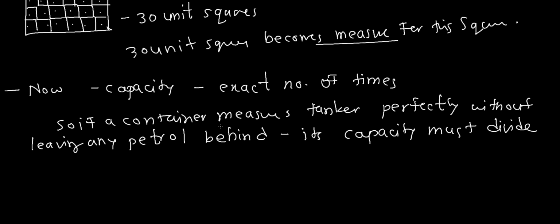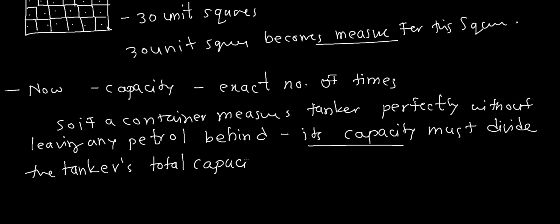So if a container measures the tanker perfectly without leaving petrol behind, its capacity must divide the tanker's total capacity perfectly, which means that the remainder should be 0.